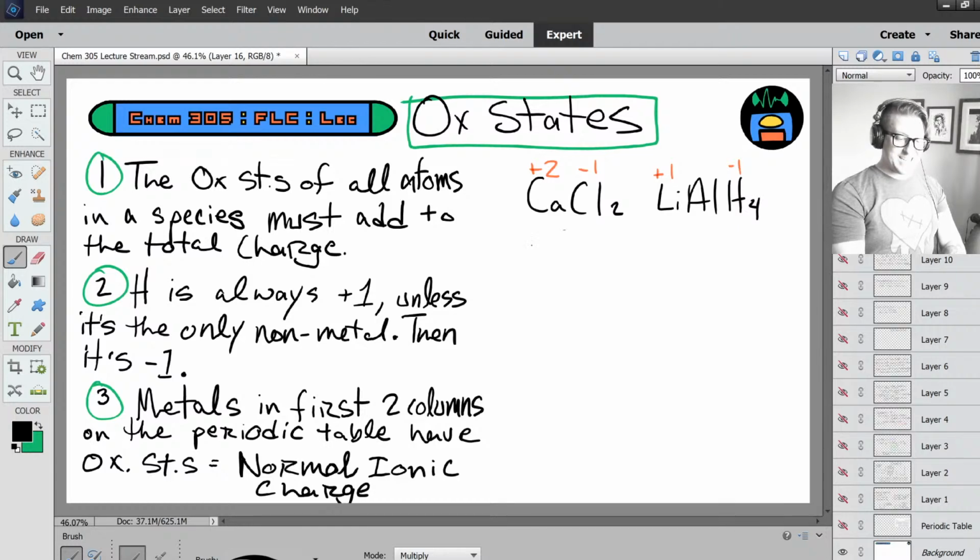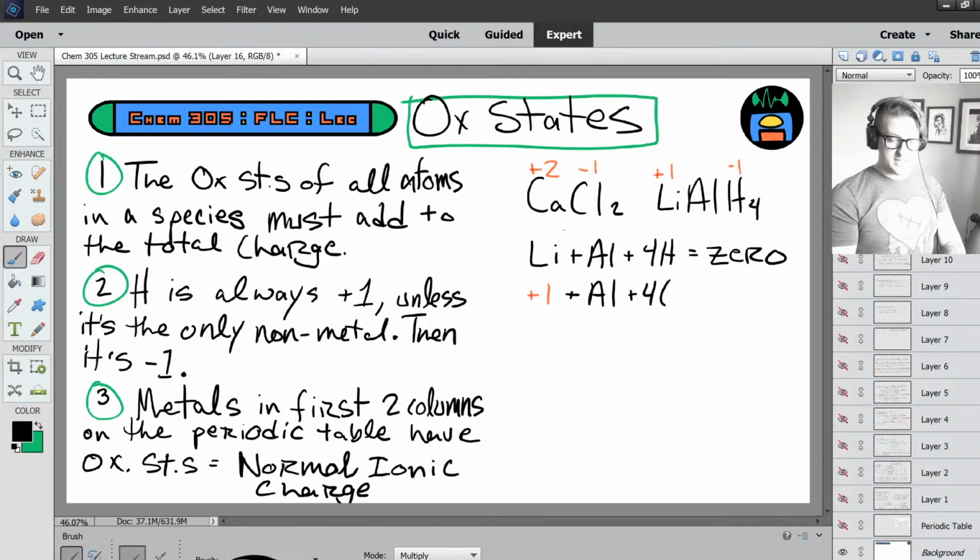We know enough because we know that the oxidation state of lithium plus the oxidation state of aluminum plus the oxidation state of our 4 hydrogens equals our total charge, which is 0. Lithium's oxidation state is +1. Hydrogen's oxidation state in this compound is -1. And this equals 0.